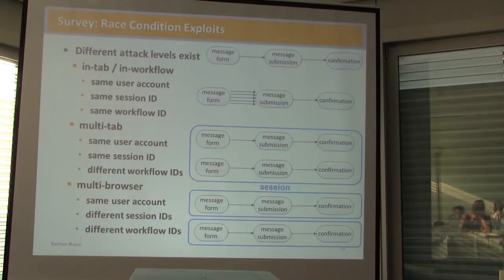But I'm still working on the same user context. And if the web application only grants me 5 messages per day, this must still be enforced, though, of course, I may use an arbitrary amount of browsers at the same time and have the same number of sessions.